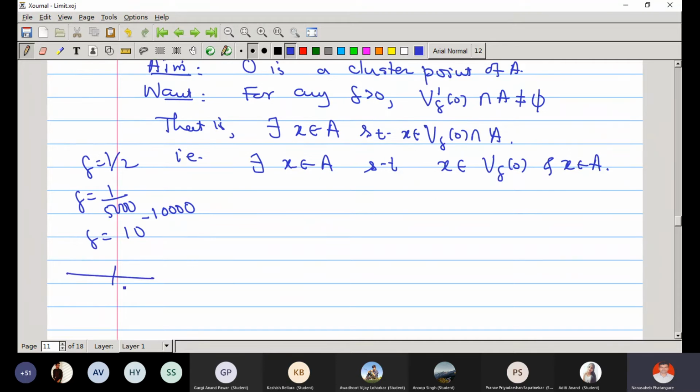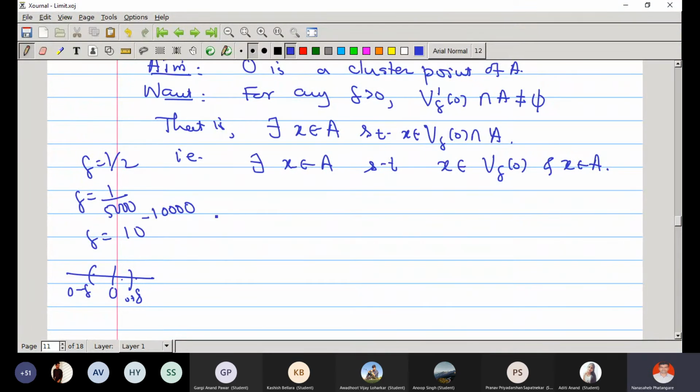When I look at the delta neighborhood of 0, that is minus delta to delta, if delta is very small then this neighborhood is very small. Still it overlaps with A, that we want to check.